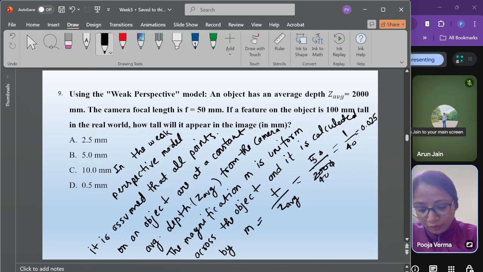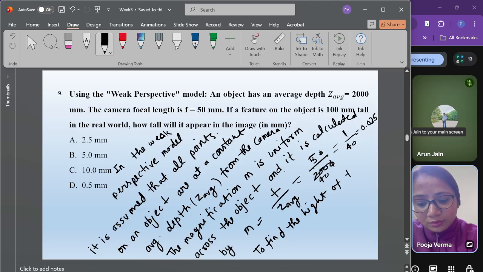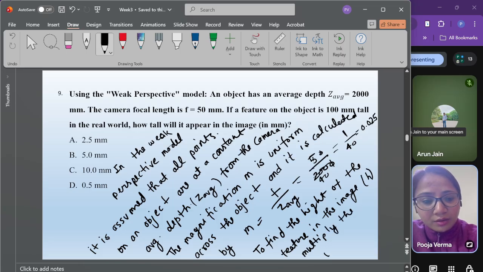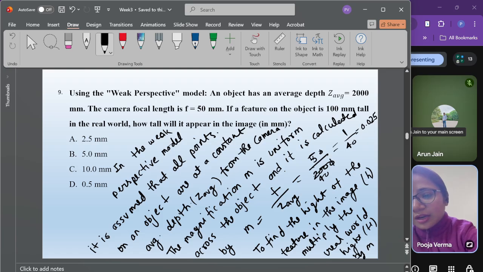Now to find the height of the feature in the image, we need to multiply the real world height, represented by capital H, by the magnification factor M. So the image height, that is h, is represented by real world height times magnification factor.